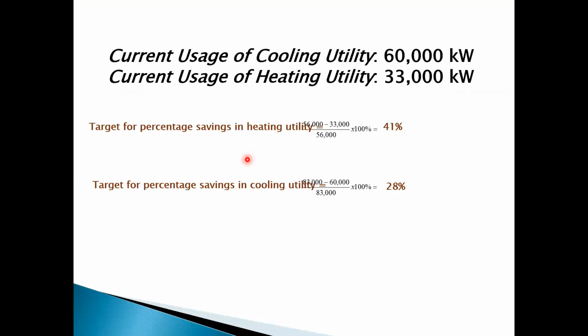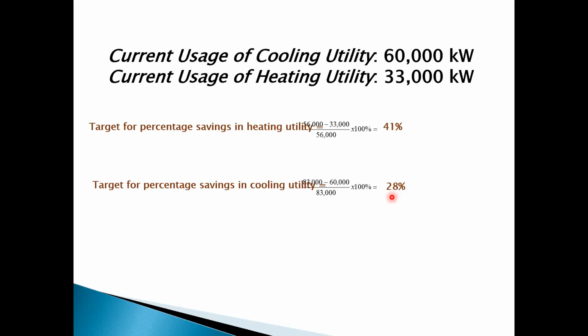So these are the new savings. If delta T min is 10 degrees, we are saving 41% of the heating utility and 28% of the cooling utility. Okay. And that gives you a good exercise. How do we consider integration in the process?